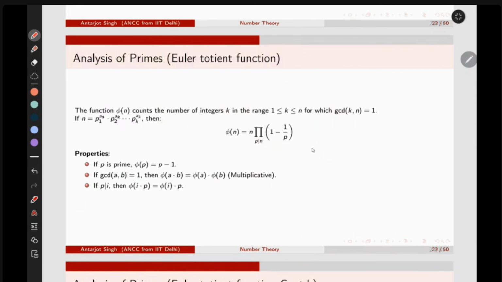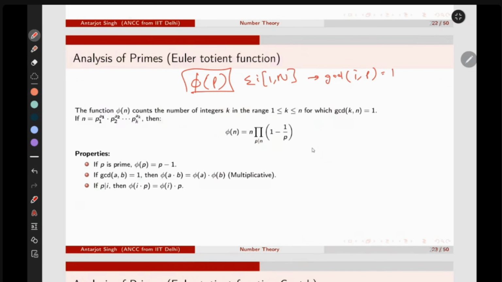So what would be the Euler-Totient function of a prime? For a number p which is prime, how many numbers are there in the range 1 to p such that GCD of i and p is 1?